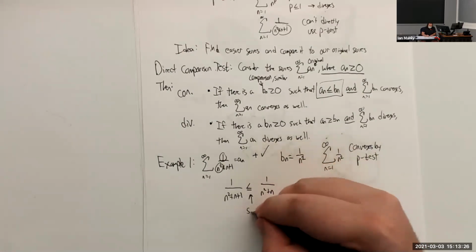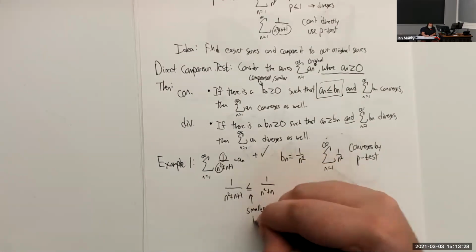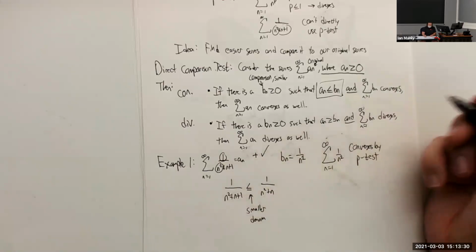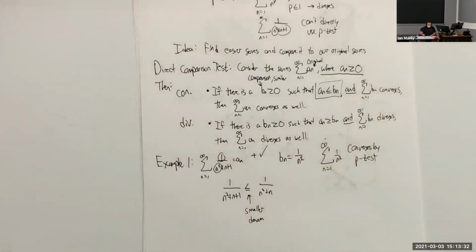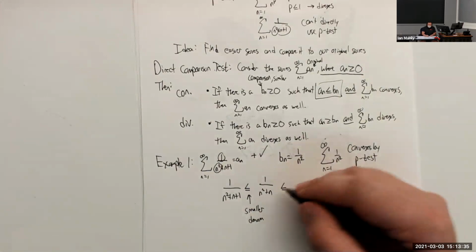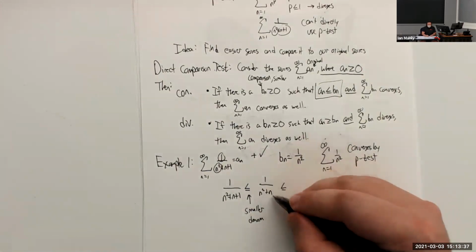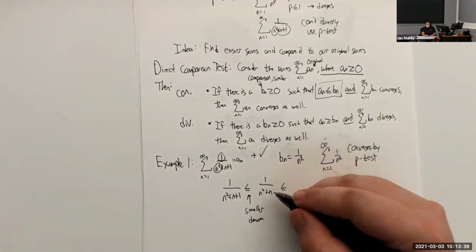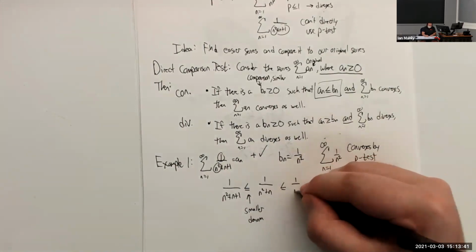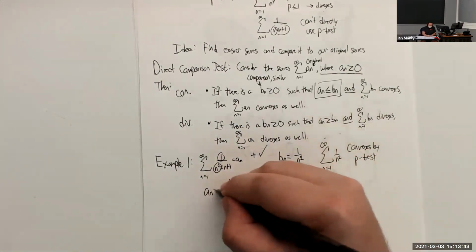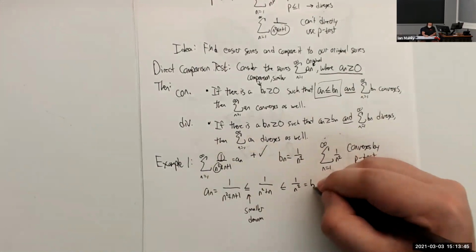And the reason this is true is because of the smaller denominator. Okay, that seemed to work pretty well, right? So we can make this even bigger if we chop off the n down there. We make our denominator even smaller. And then lo and behold, we end up at our b_n.